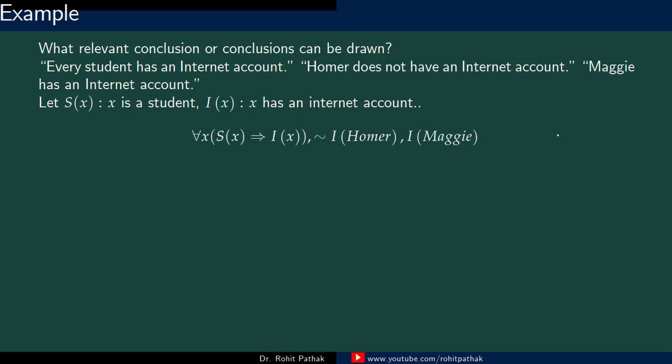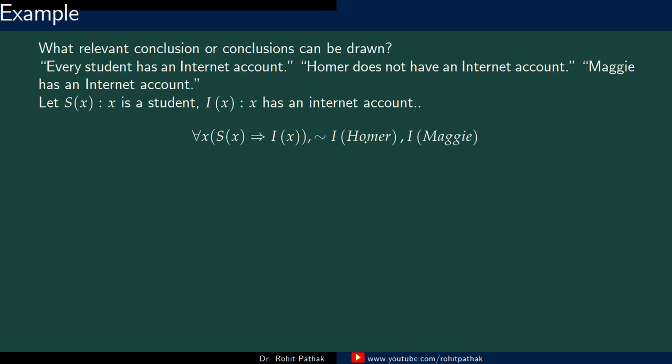Then the premises are for all x, Sx implies Ix. That means for all people x, if x is a student, then he has an internet account. Every student has an internet account.